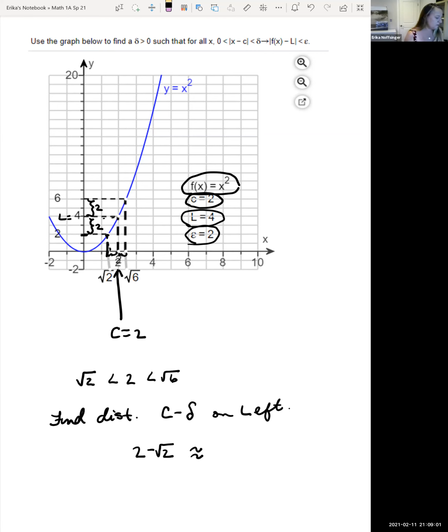If you plug that in the calculator, let's get an estimate of what that is. So 2 minus the square root of 2. Where did the square root go? Gosh, my eyesight. There it is, approximately 0.586.